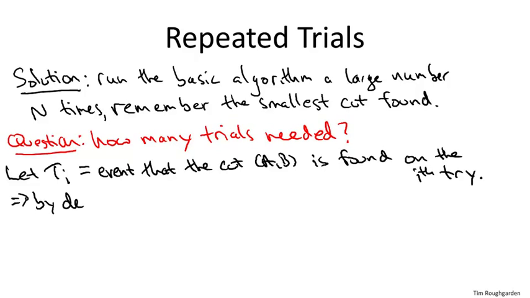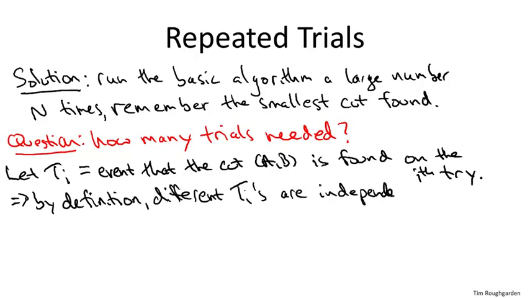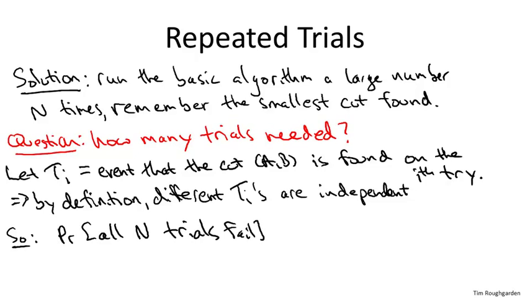Now we know that the probability that a single trial fails could be pretty big. Could be as big as 1 minus 1 over n squared. But here now with repeated trials, we're only in trouble if every single trial fails. If even one succeeds, then we find a min cut. So a different way of saying that is we're interested in the intersection of the events not T_1 and not T_2 and so on. That's the event that every single trial fails. And now we use the fact that the trials are independent.